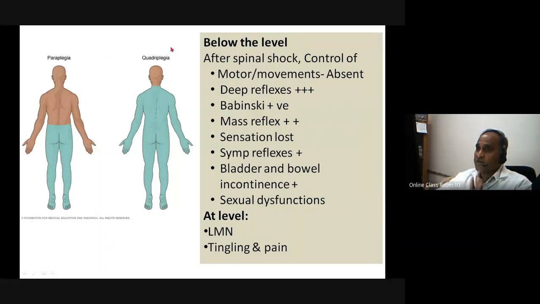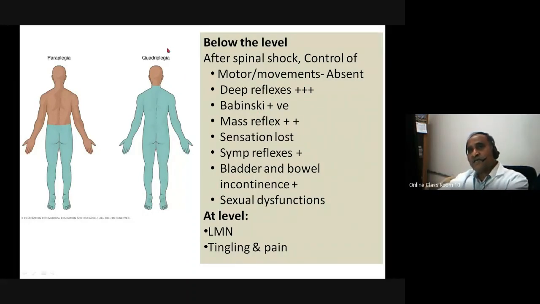I have reviewed below the level of the lesion and at the level of the lesion. The remaining aspects, the neurological examinations, finding out the cause, then looking for the treatment protocols, would be dealt with separately in the clinical postings. Till that time, you should know these things.